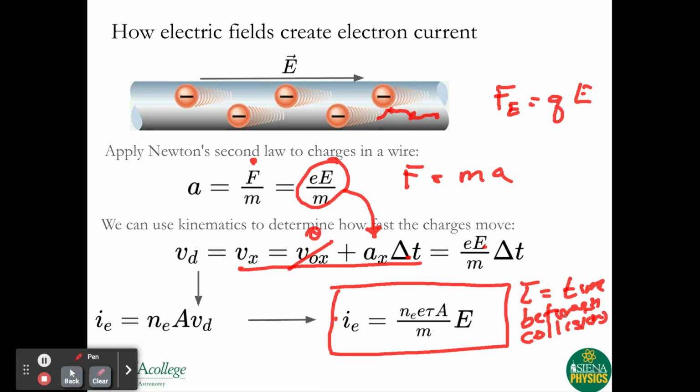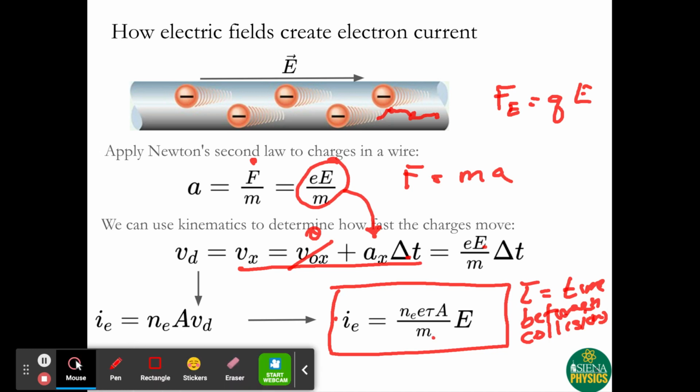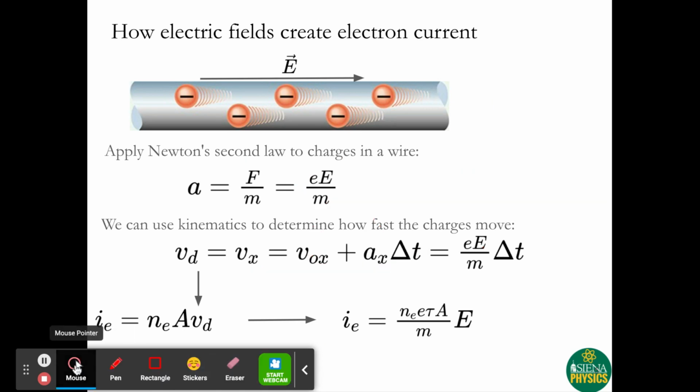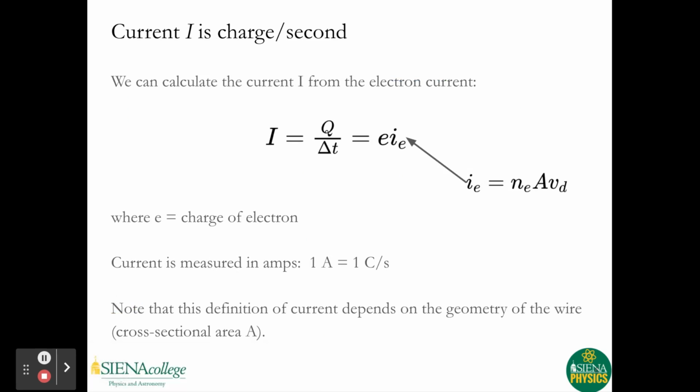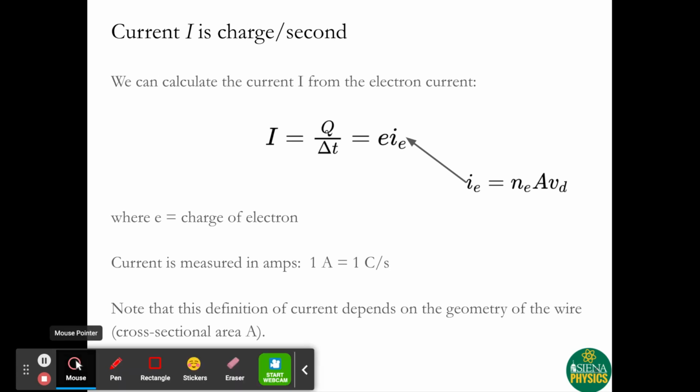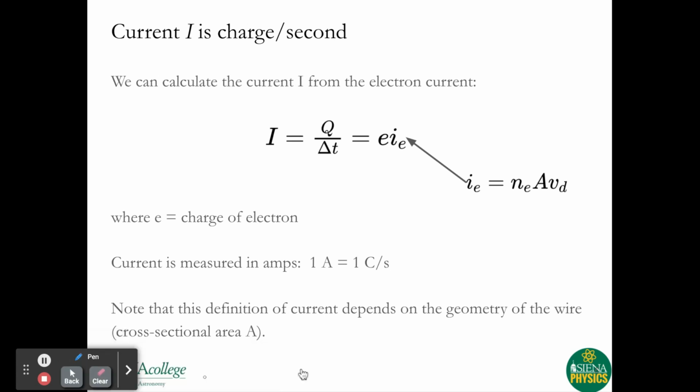Again, A is the cross-sectional area of the wire, M is the mass of the charges that are moving, and E is our electric field. The current we deal with more commonly is just capital I, rather than an electron current, and this is a measure of charge per time.